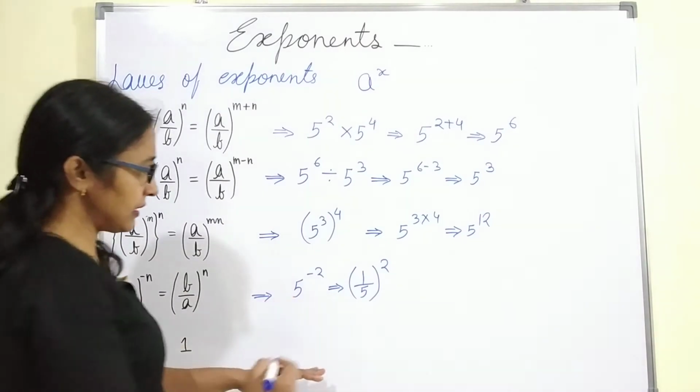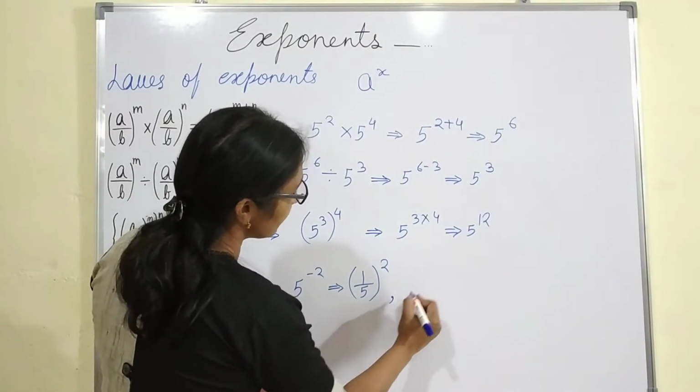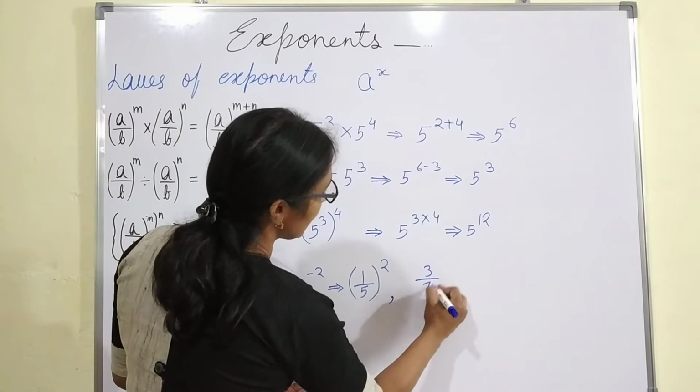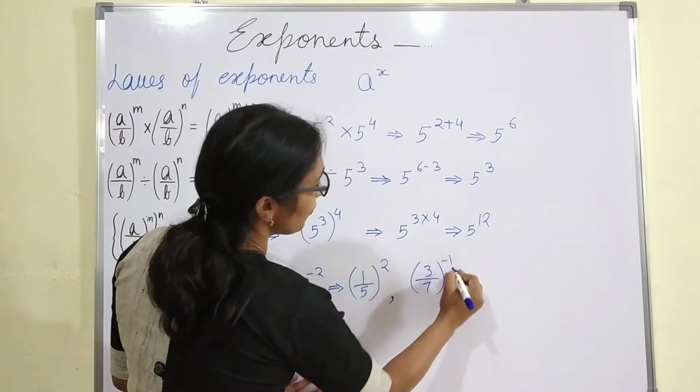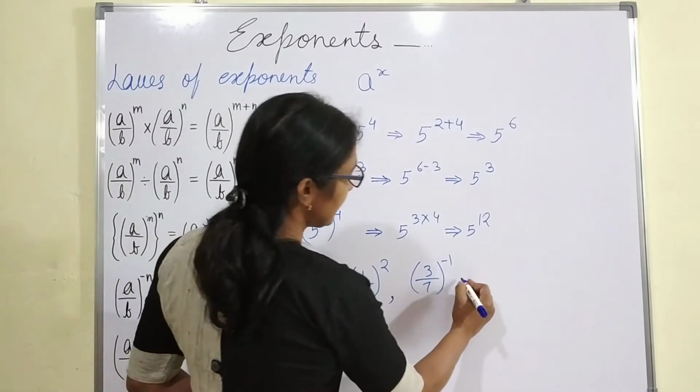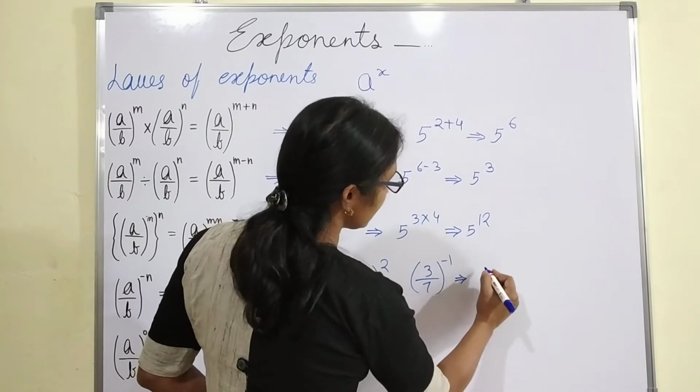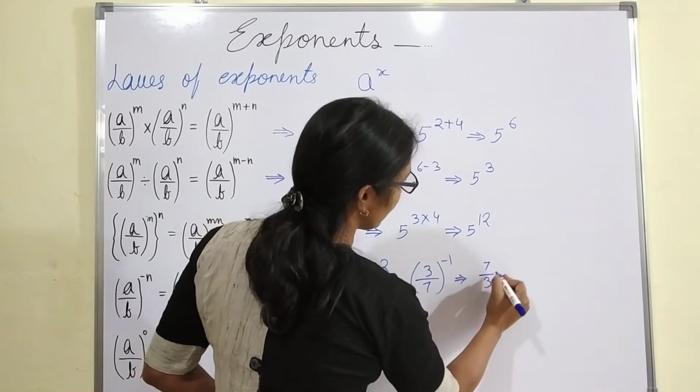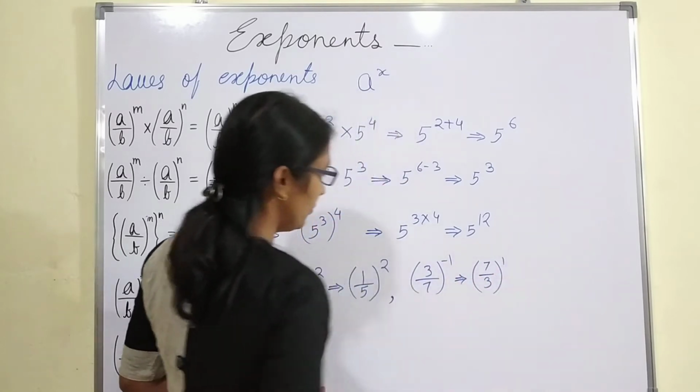This is one example. Another example: 3 upon 7 power minus 1. To make the power positive, we will write 7 upon 3 power 1.